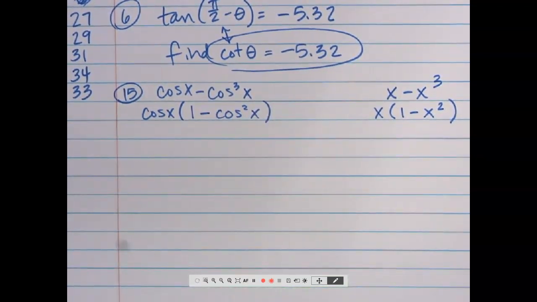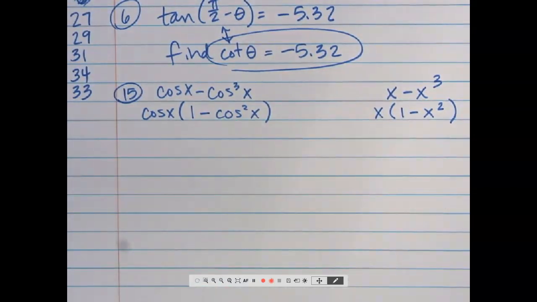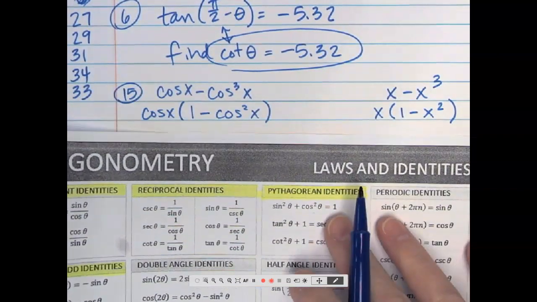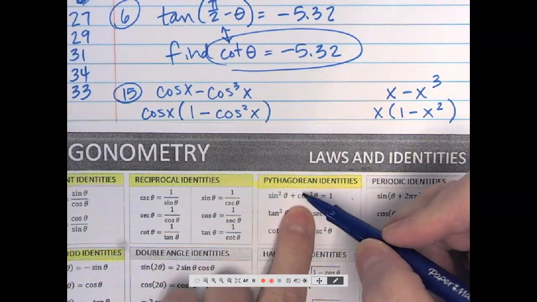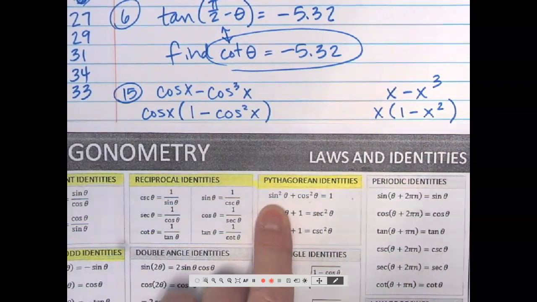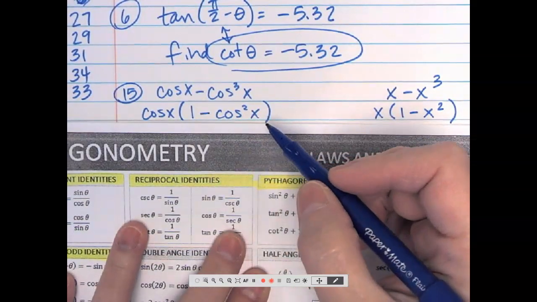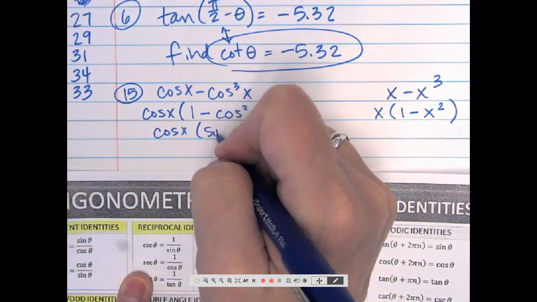And then 1 minus cosine squared, remember when you see ones and squared things, look in the Pythagorean identities. So taking that very first identity, if I were to subtract cosine squared over to the other side, then I would have 1 minus cosine squared equals sine squared. So this stuff in parentheses can be replaced with sine squared x.